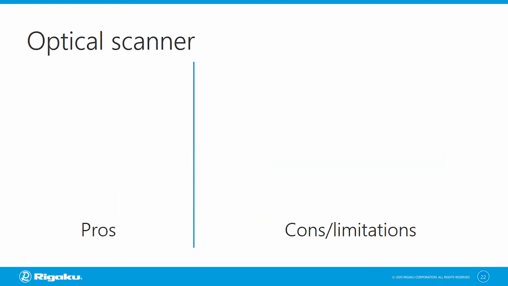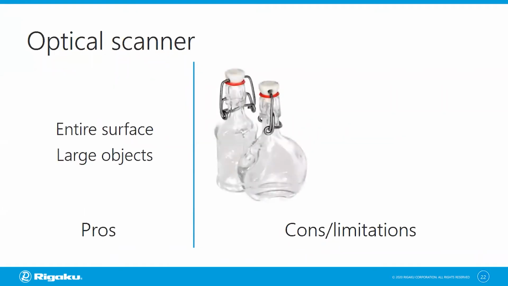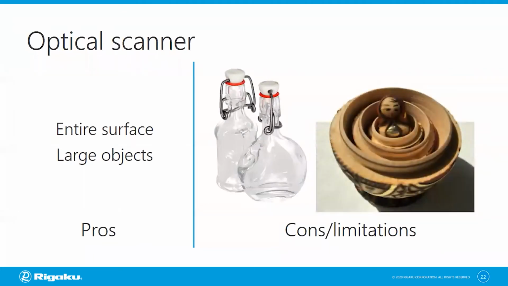The optical scanners can scan the entire surface. You don't need to select several points. So that's a pro. And this technique can also deal with relatively large objects. But if the object is transparent, that would make the measurement difficult, or something is enclosed inside of something else, or internal structures, you really cannot see using optical scanners.